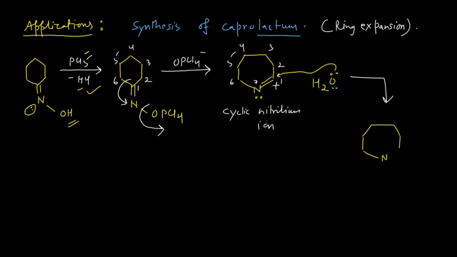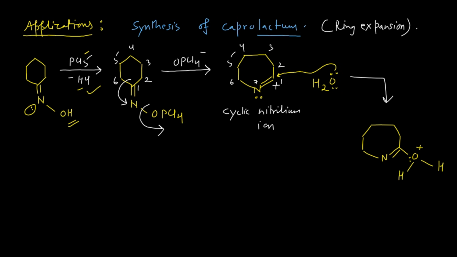Nitrogen is here with double bond. Okay, and now it will have O, H and H with positive charge, because one of the lone pairs of the oxygen has been used in the formation of the bond with the carbon.